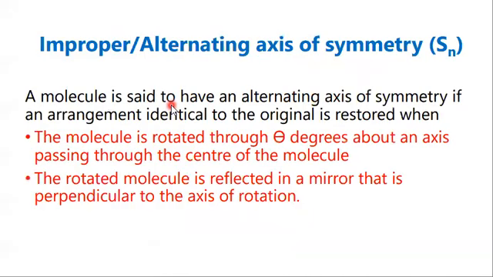Now we will move on to the improper or alternating axis of symmetry. The symbol is Sn.